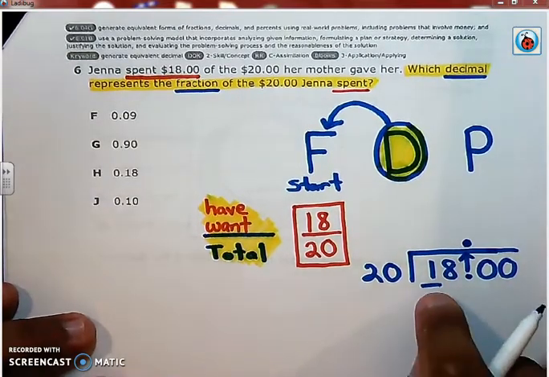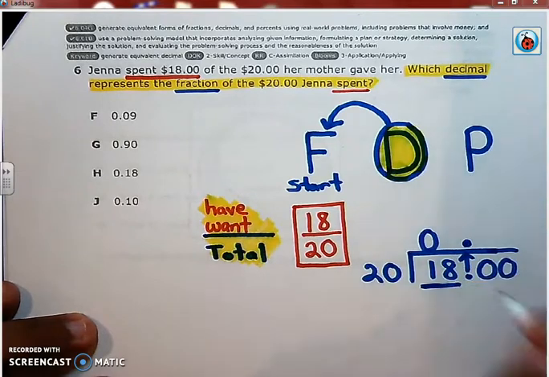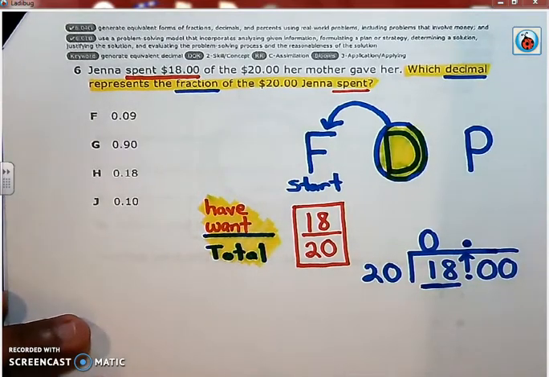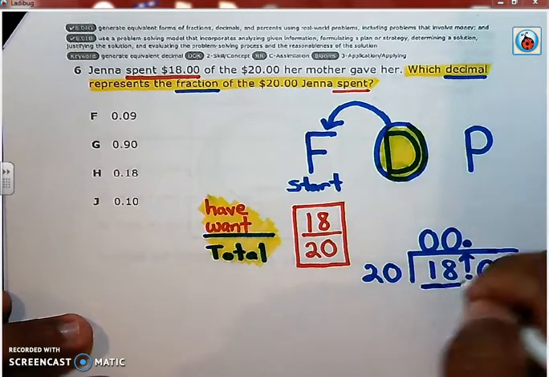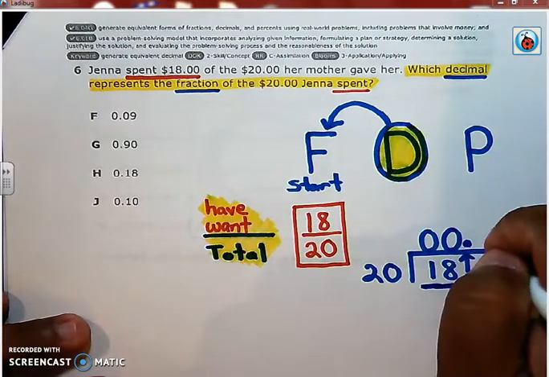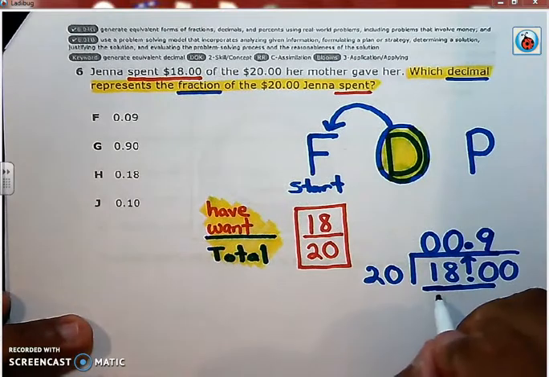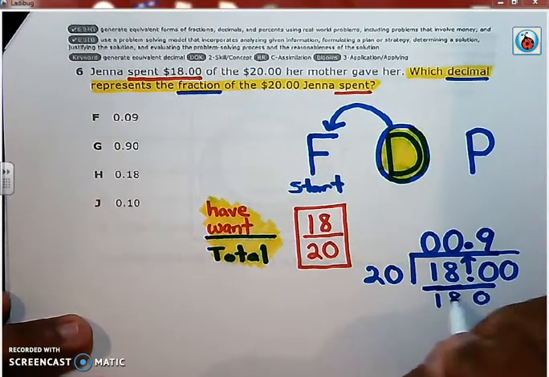I have one controller. Can 20 people play? No. 18 controllers. Can 20 people play? No. 180 controllers. Can 20 people play? Yeah. They can play 9 times. 20 times 9 is 180.